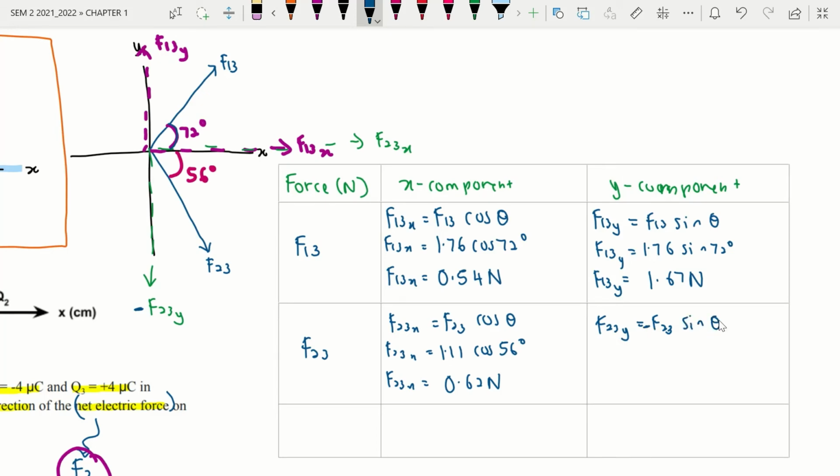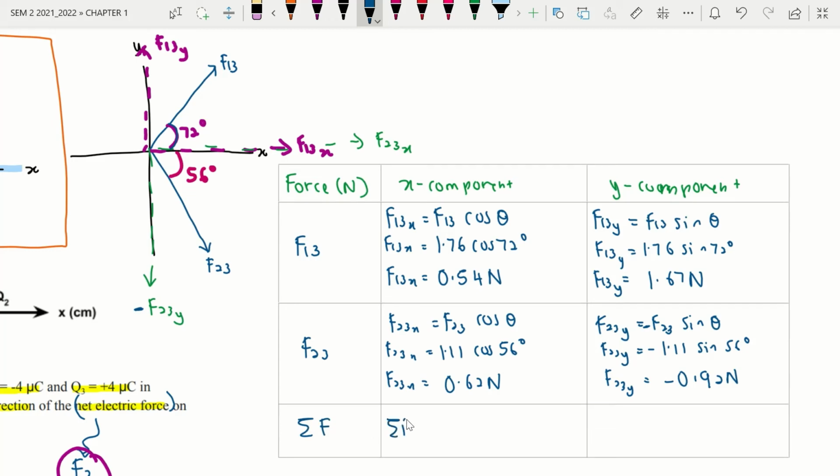negative sin theta. So F23y is negative 1.11 sin 56 degrees, so you will get negative 0.92 Newton. Now we are going to look for the summation of force.